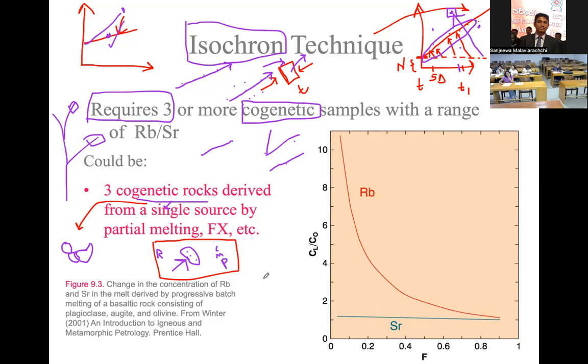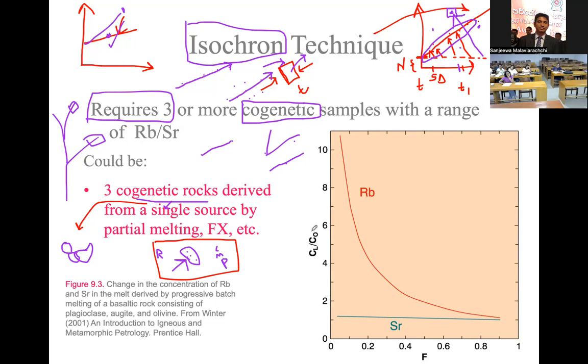So you can have these isotope ratios calculated and plotted in a diagram to find out the date or the age of that particular rock.